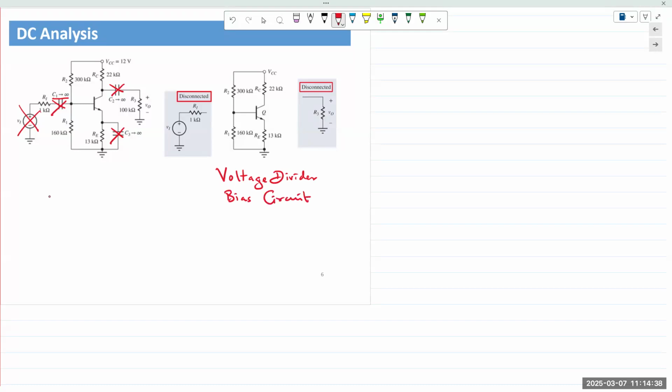So as far as DC goes, it's straightforward. We simply take the capacitors in there, make sure the AC sources are 0, replace all the capacitors with open circuits, and you can analyze the circuit solely for the DC voltages being applied.